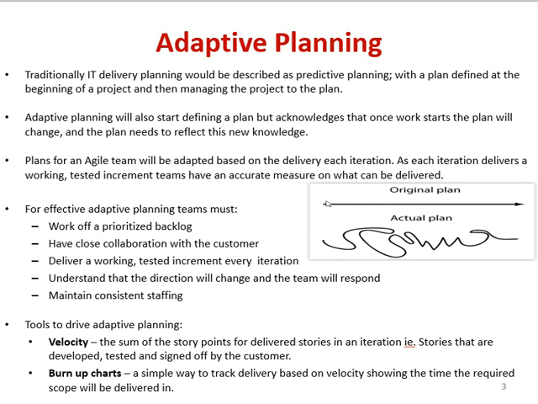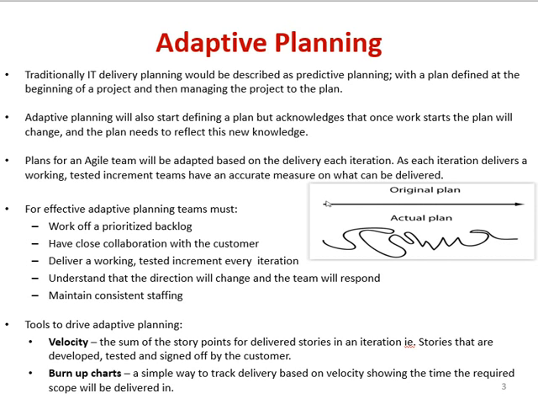That is, focus more on customer collaboration rather than contract negotiation. Also, deliver a working, tested increment every iteration. It is again one of the principles. Just keep in mind, we are following the Agile manifesto and principles in all terminologies for adaptive planning.